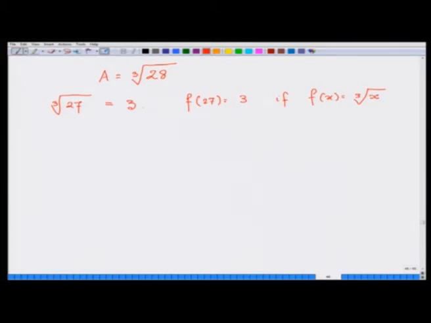Now I would like to take 27 as a base and expand in Taylor's expansion. So let me look at the Taylor expansion at x with base 27 for this function f of x equal to the cube root of x. That will become f of 27, which is 3, plus f dash of 27.